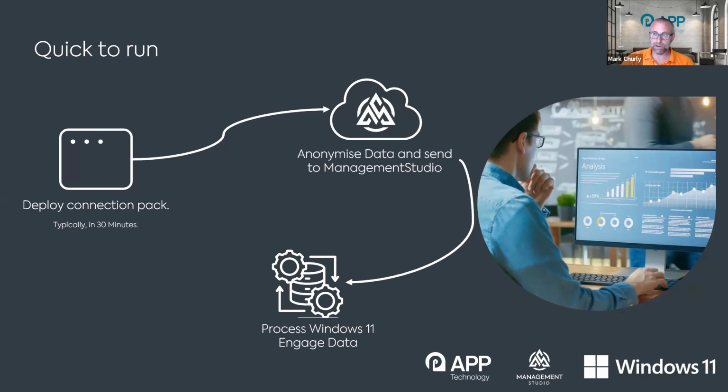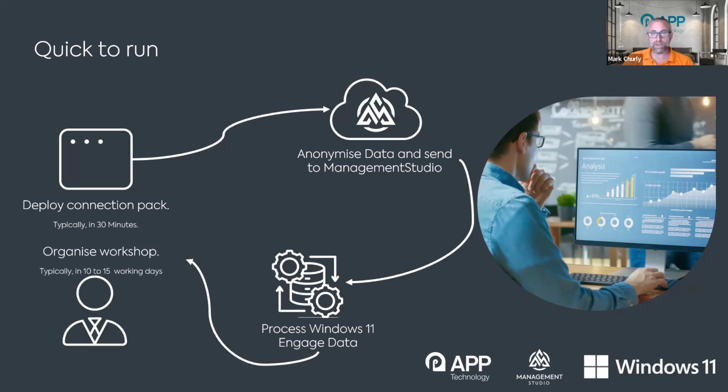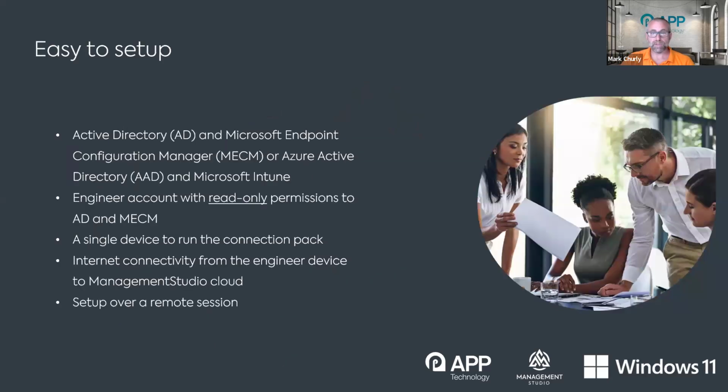It will then be processed, and what we will then do is typically within 10 to 15 days is we can then present back to you a live workshop where we can dive through your data and start analyzing it and showing you where there are options for savings or process planning for your projects that are coming up.